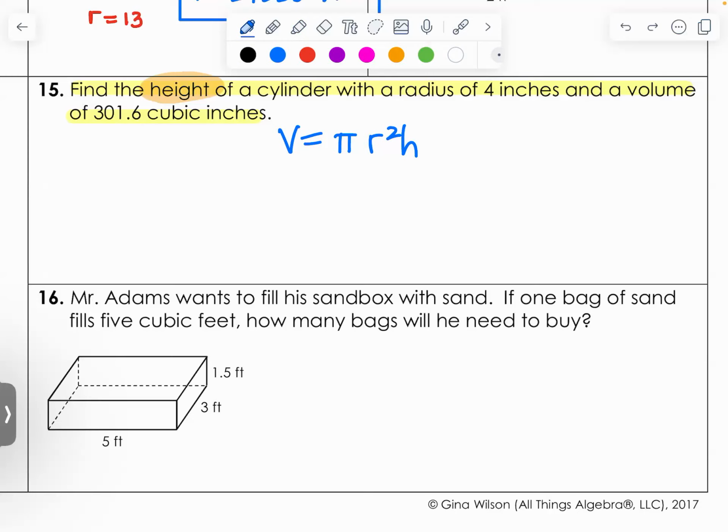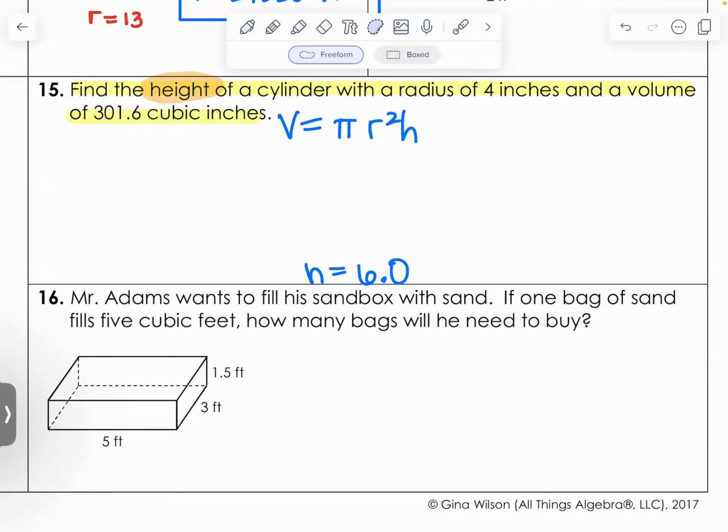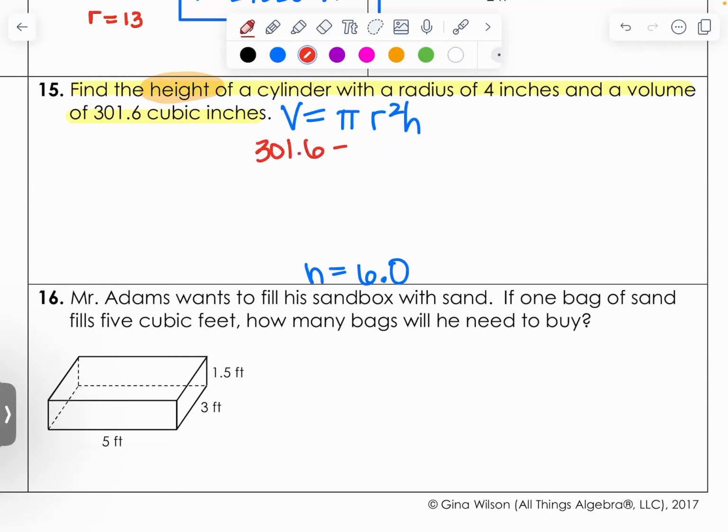We'll call it 6. Okay, Allie just showed me that she got her height to be 6.0. Could you raise your hand if you got the same thing? Ooh, if you put 6, that's totally cool. Let's talk about how we got there. We know that the volume is 301.6, right? We know that pi is 3.14, and 4 squared is 16.